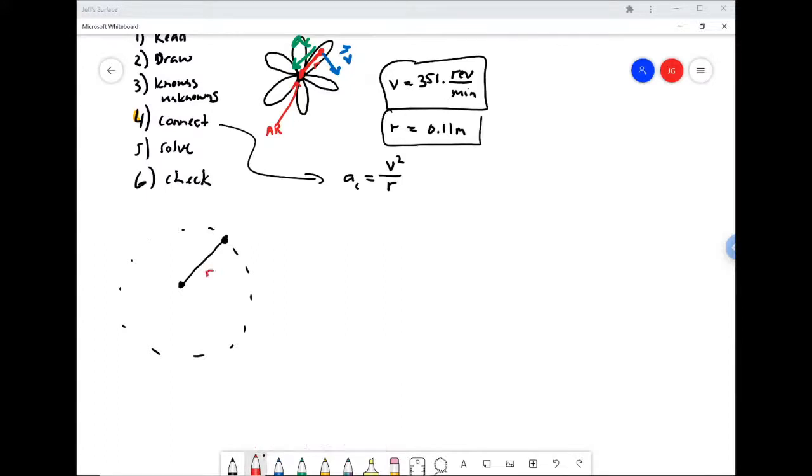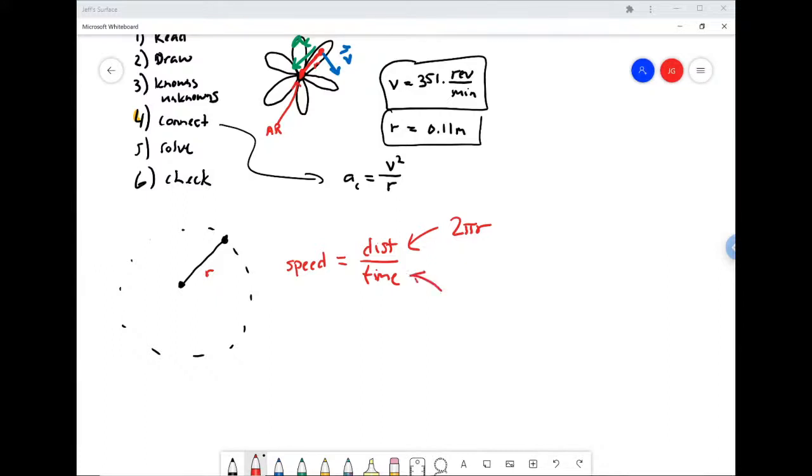So there's a radius associated with that, and the speed of that point on this fan blade can be found if you know the distance it travels in a given unit of time. Okay, and the distance it travels is related to the circumference of the circular path, 2 pi r.